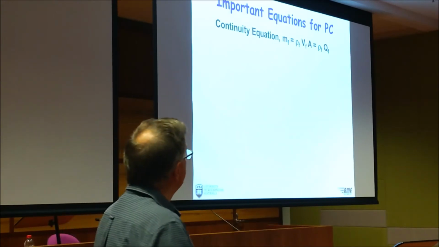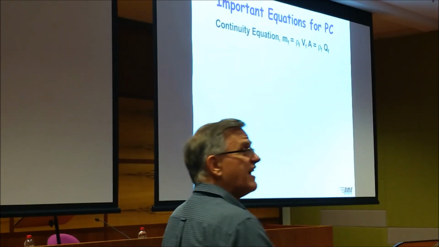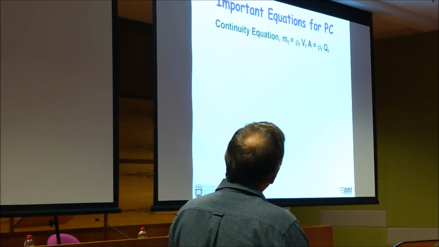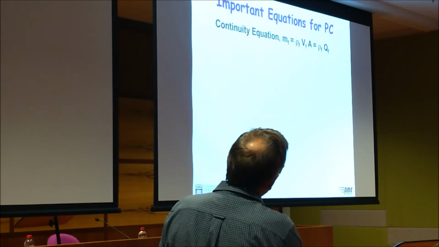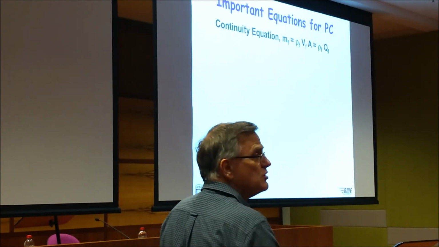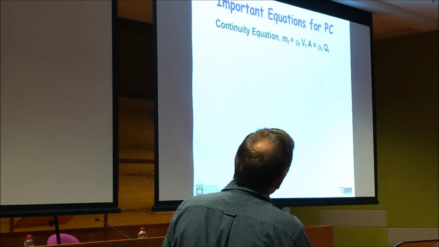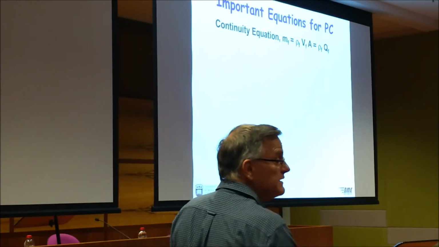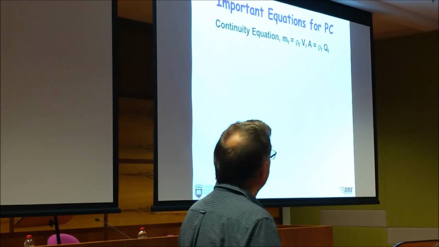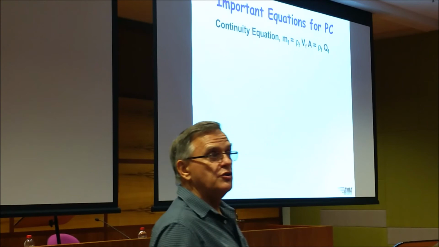Or you may be more familiar with density times volumetric flow rate. If you use SI units, you can't go wrong. You'll get kilos per second. Over here you have kilograms per cubic metre for your gas density times cubic metres per second for your volumetric flow rate. Or here, that will be metres per second times metres squared, your flow area, and so you still get kilos per second. Alright, that's your continuity equation.